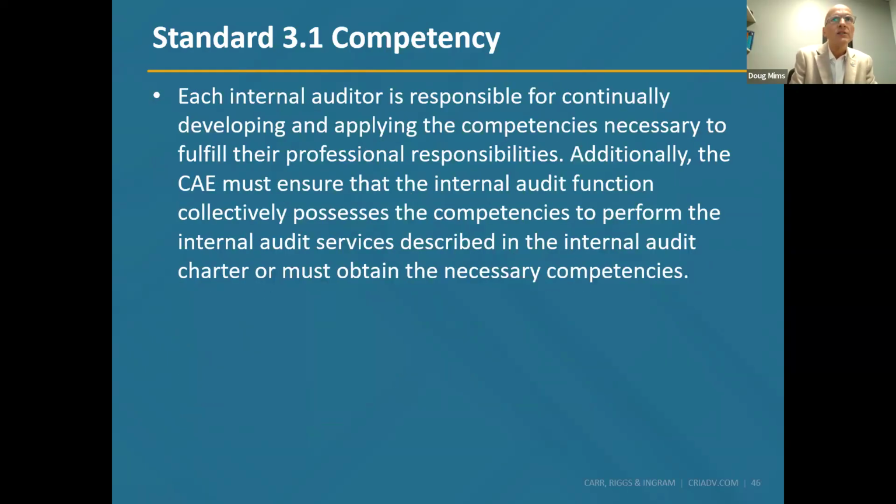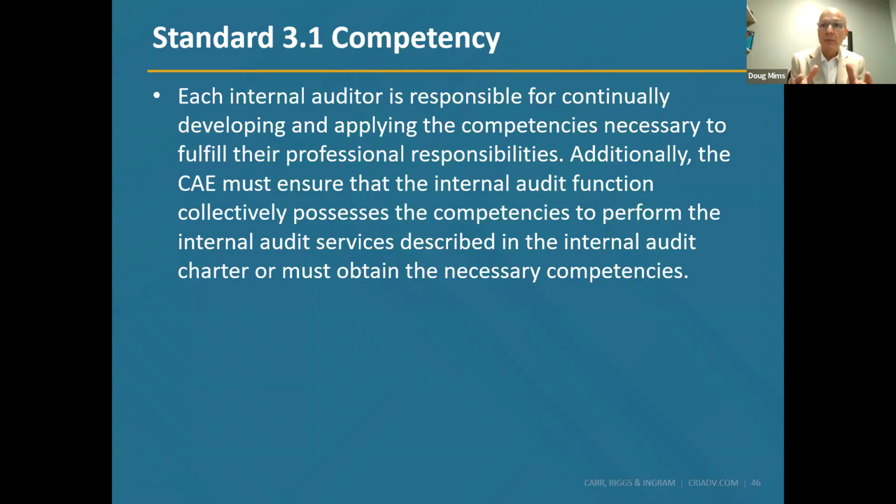Get help. Each internal auditor is responsible for continually developing and applying competencies, and it's up to the CAE to ensure that the function collectively possesses the competencies to carry out the internal audit services as delineated in the charter and the internal audit plan. So the CAE's got to make sure that happens.